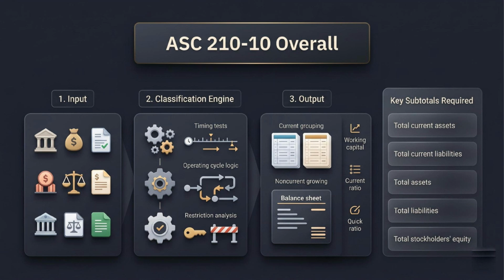A misclassification can make an entity look healthier or weaker than it really is. So ASC 210-10 is not just about tidy formatting. It helps users understand the timing and quality of resources and obligations. In simple words, classification turns a list of balances into useful financial information.